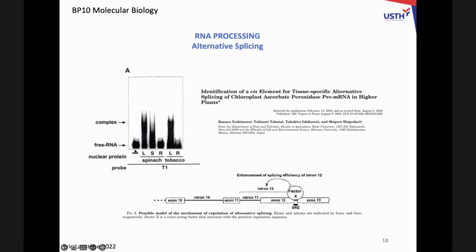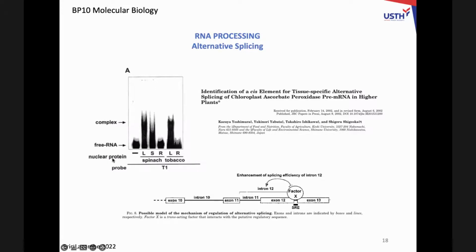The first one is always like that. It's always a control. You don't put any protein. This first lane is compulsory because it's with this data that you can say, okay, the free probe, which means the free RNA, the RNA which is naked without any interaction with protein, migrates there. Okay, that's your control. And then they repeated the experiment, but we're going to look at only the 2 last lanes on the right.